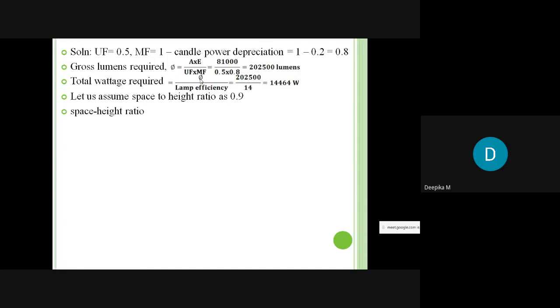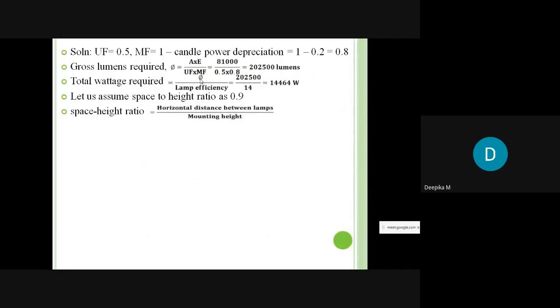Next, space to height ratio. The name itself tells that it is the space divided by height. Which space? It is the horizontal space divided by the mounting height. So they have given in the problem, so we can calculate the horizontal distance between the lamps.